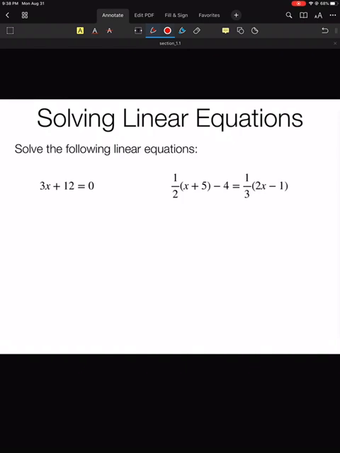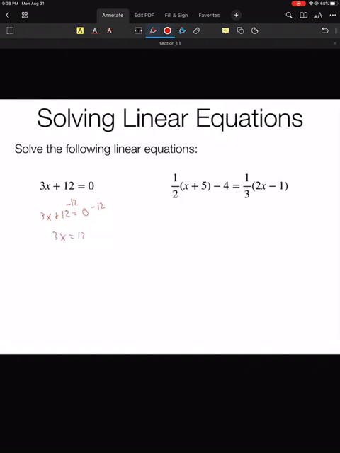So the first thing that I need to do, I'll rewrite the equation down here. 3x plus 12 is equal to 0. Right? And as you know, we need to get x alone on one side. So I first need to subtract 12 from both sides. Okay, again, creating an equivalent equation that has the same solutions, but it's more advantageous in some way.